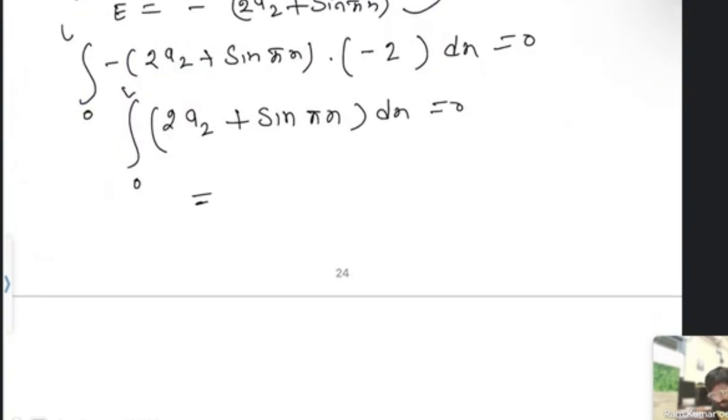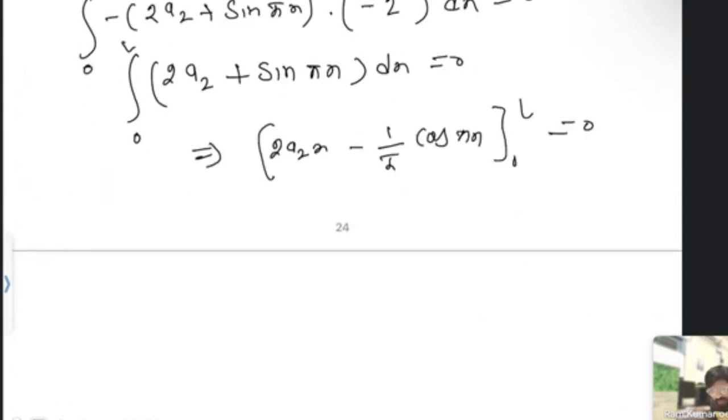Then what will we get? Now we are going to integrate, so it will become 2a2x minus 1 by pi cos pi x, with the limit 0 to L equal to 0. Then I will put here 0 to L, so it will become 2a2L minus 1 by pi cos pi x.